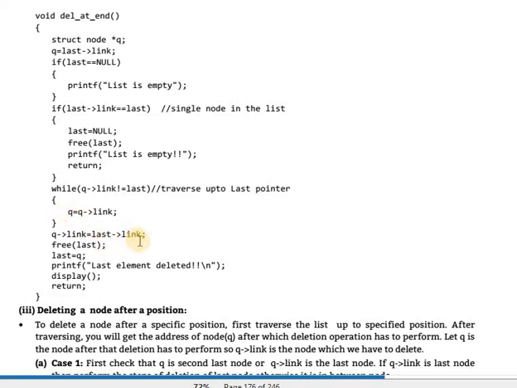After that, last link is initialized to queue of link and free the last, and queue is assigned to the last pointer. In short, the queue node is treated as the last pointer, the last element is deleted, and a message is displayed. After that, the display function is called, so all remaining elements are displayed after the deletion of the last node, and return.